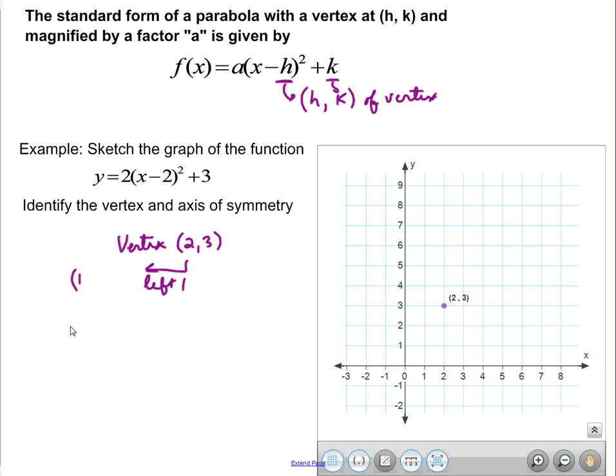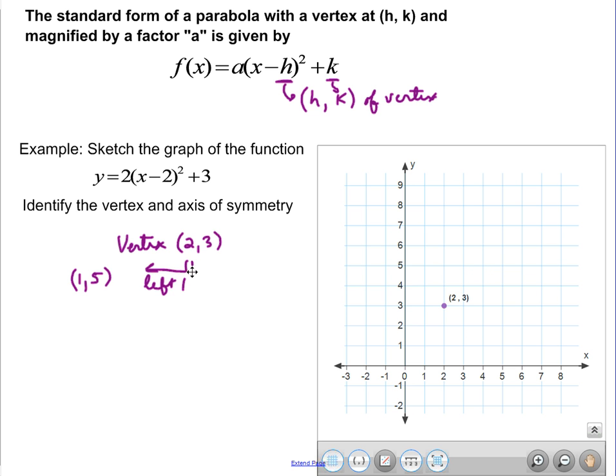So let's think about what will happen at x equals 1. Well, we're going to get (1 - 2)^2 multiplied by 2 and add that to 3. So in other words, if we go to the left by 1, we would go up 2 to the point (1, 5).